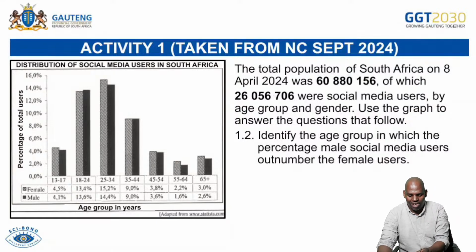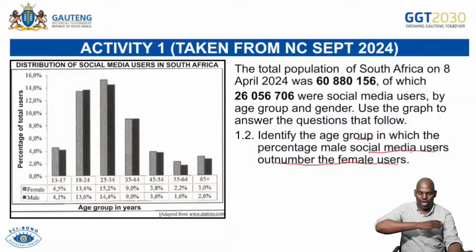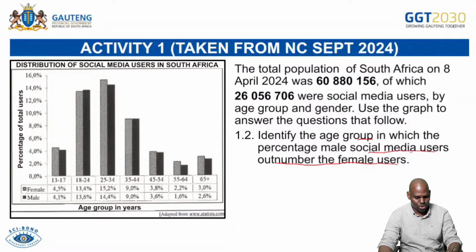They say identify the age group in which percentage male social media users outnumber the female users. Okay, it means it's more or it's bigger than the female users.